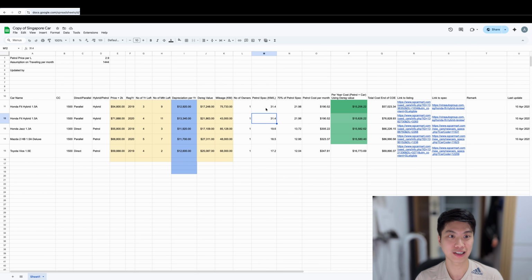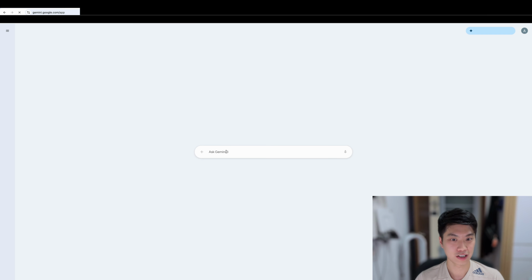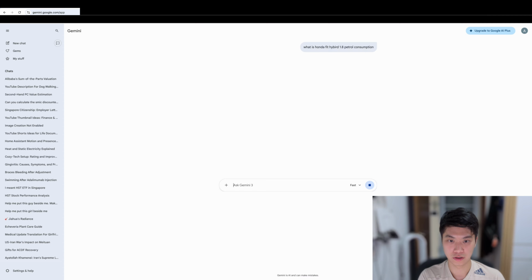So how do I decide that? I decided based on a calculation, and later I'll show you how I calculate. I just do a Gemini search, right? Let's see, Gemini, I search for Honda Fit hybrid 1.8 petrol consumption, and then it will tell you.